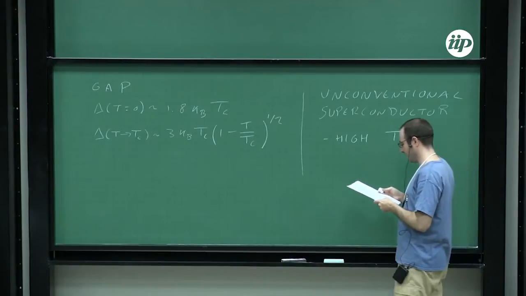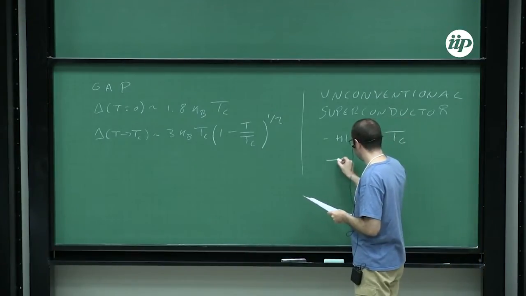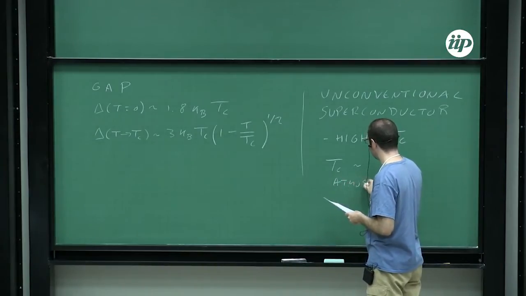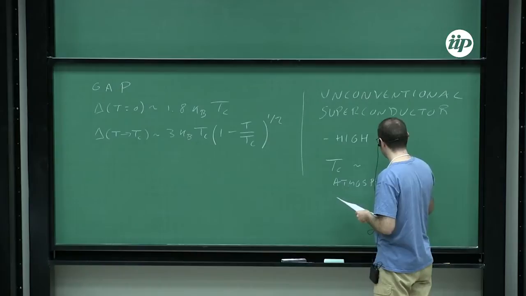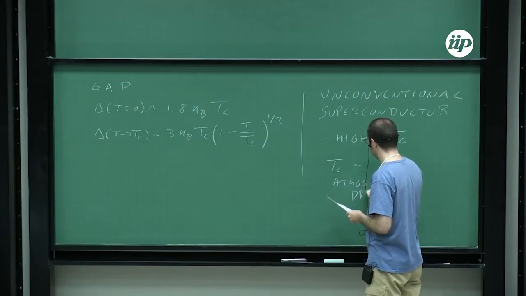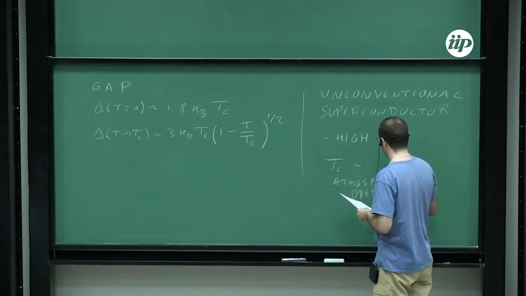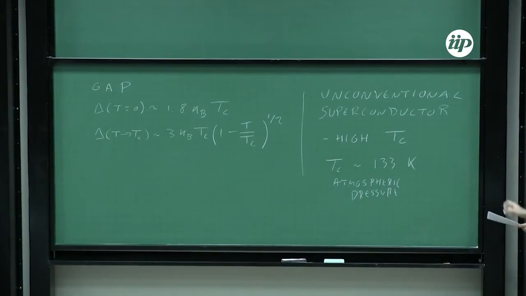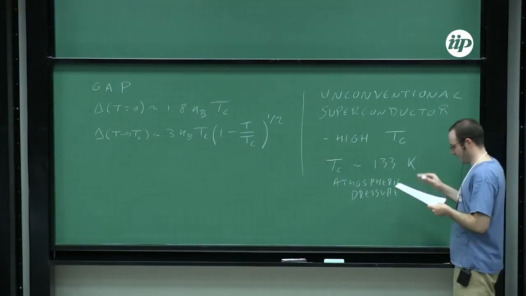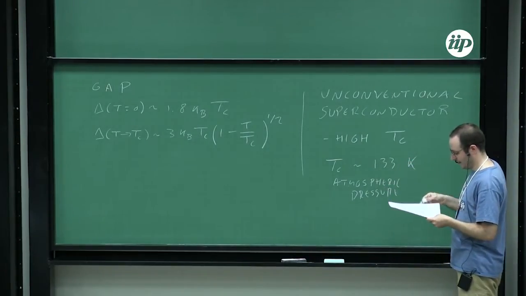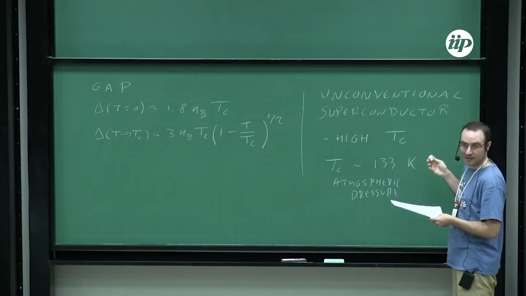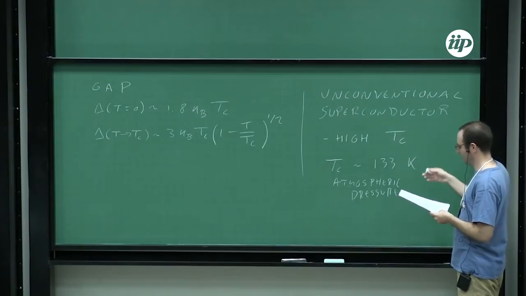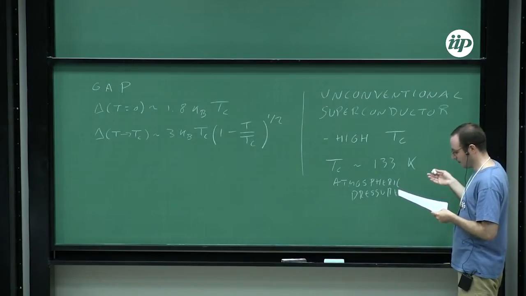For instance, the record, I think now, at atmospheric pressure is of the order of 133 Kelvin. This is much larger than the usual ones that need liquid helium to cool them down to the superconducting phase. This may need only liquid nitrogen.